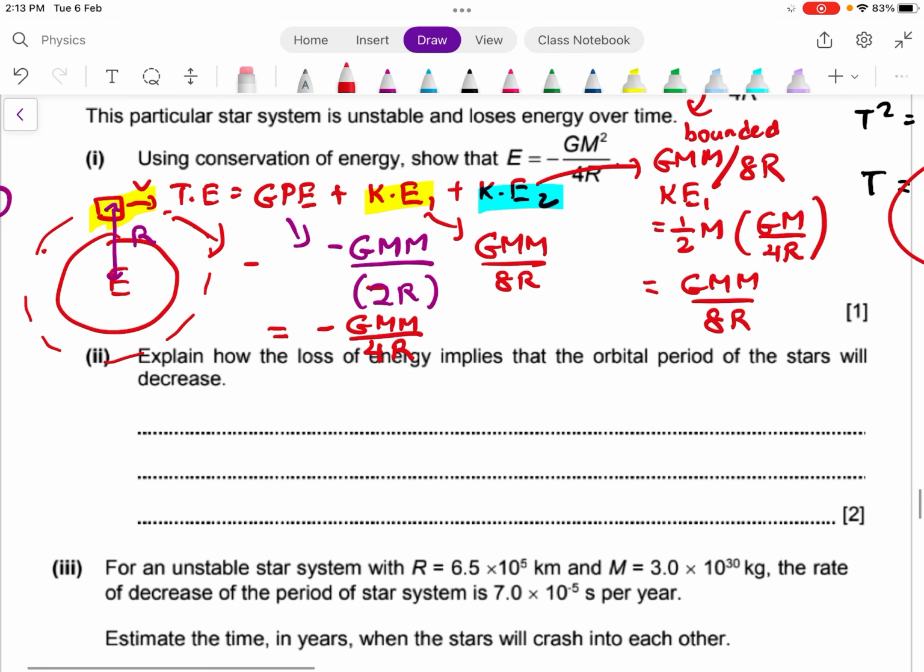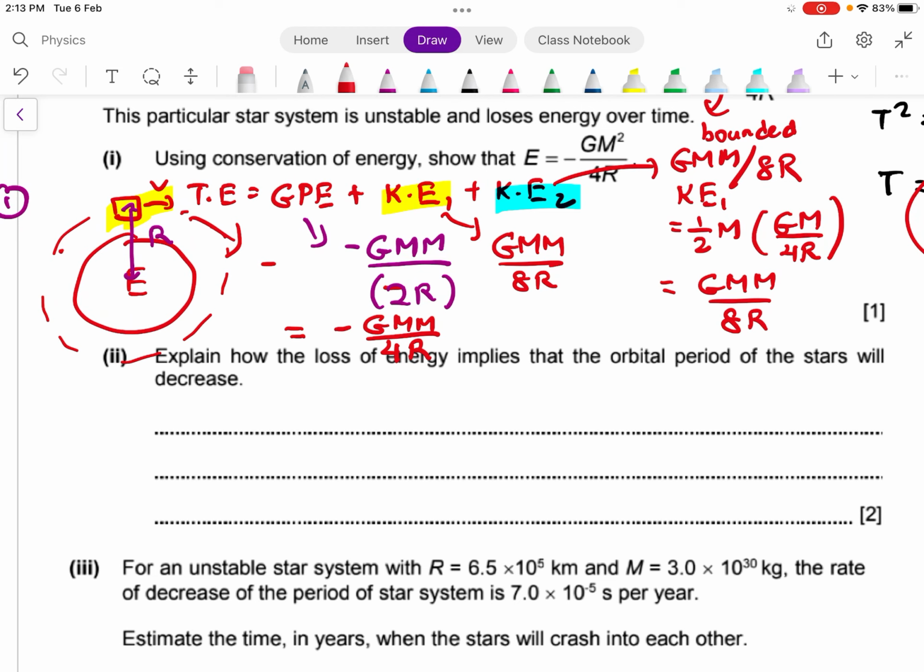Alright, for part 2, explain how the loss of energy implies that the orbital period will decrease. This one is also quite simple, because if you look at the equation, energy equals negative GMm over 4R. If the total energy decreases, due to the fact that there's a negative here, the radius must also decrease. Just explain in that direction.